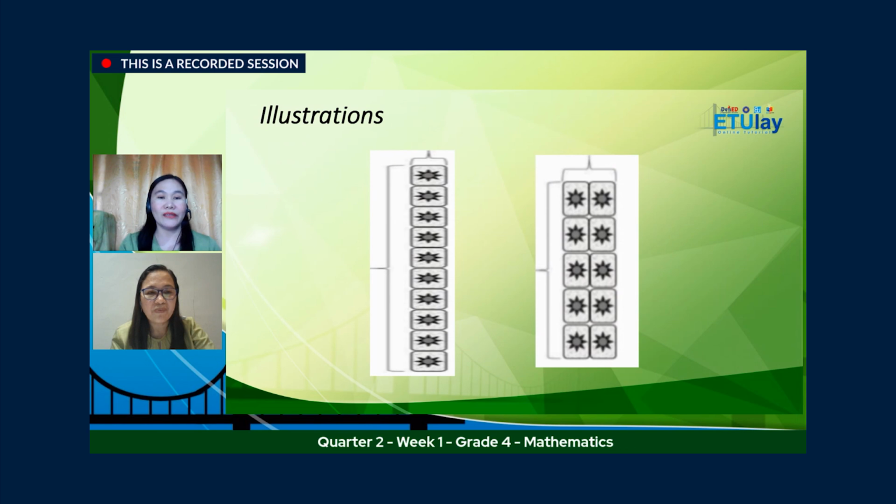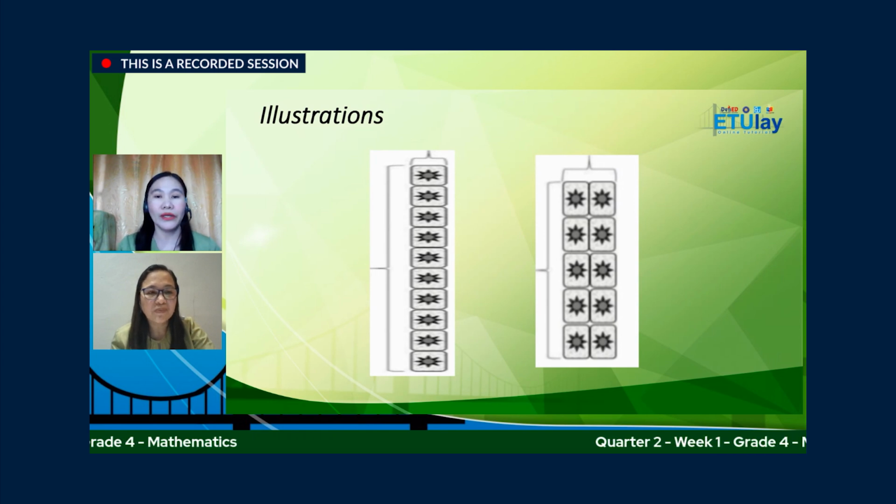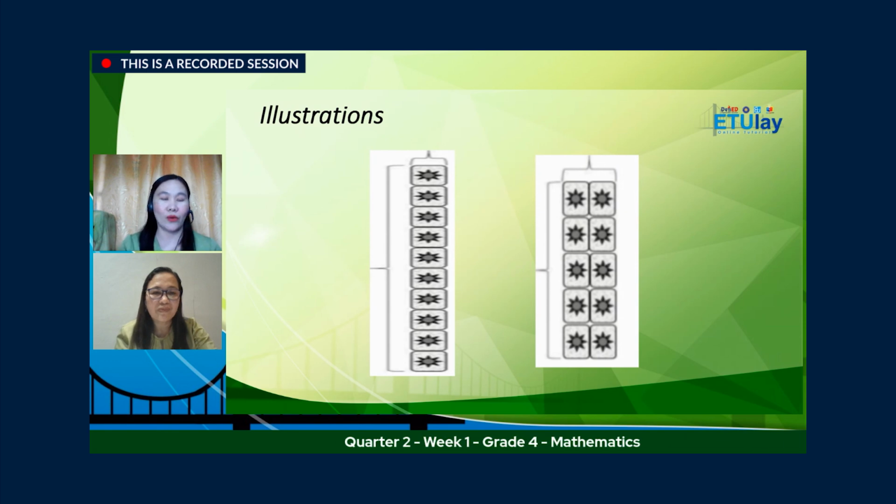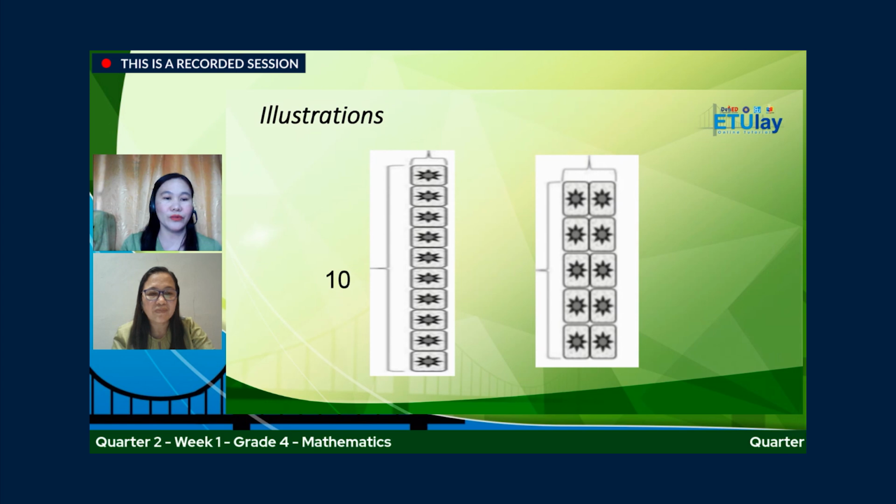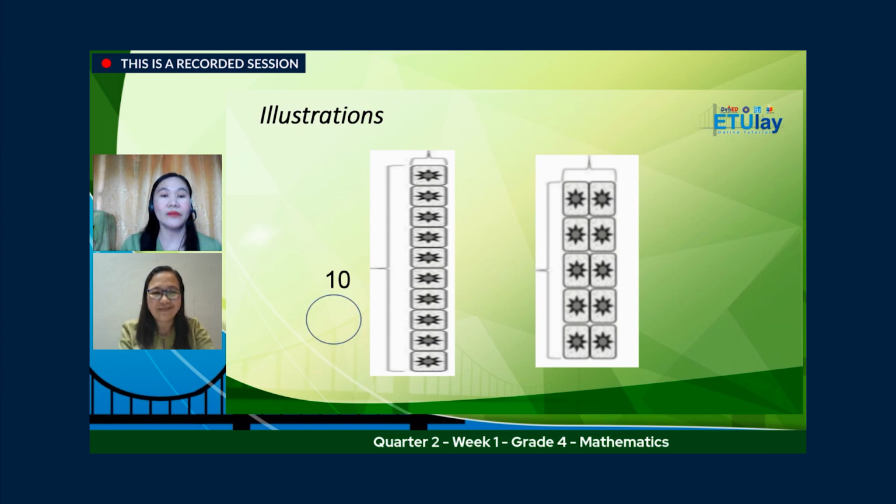So, look at the following pictures. Pwede nating ipakita sa pictures ang paraan ng pag-arrange ni Marlo sa kanyang 10 identical cards. Take a look at picture number 1. The first picture shows 10 rows of cards. And in each row, ilan ang card niya?